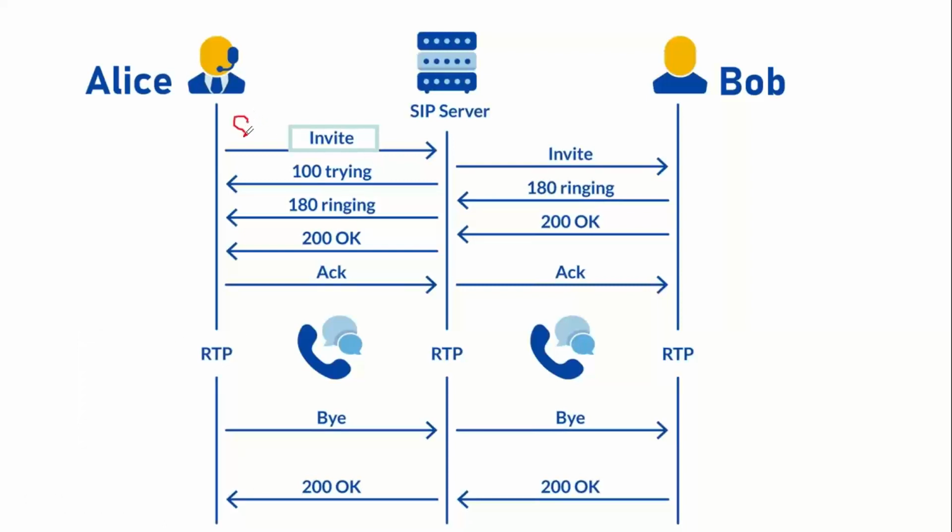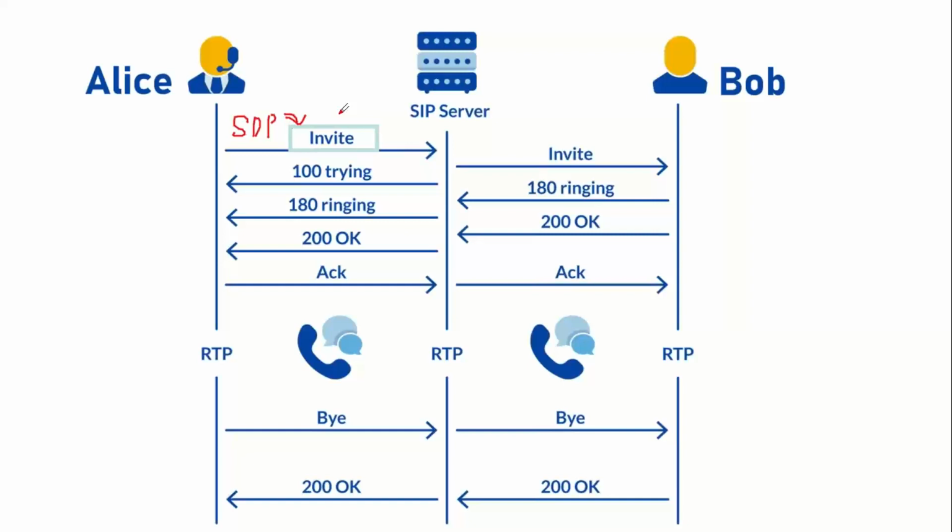SDP is short for Session Description Protocol. In SDP, you will carry information about the codec, the IP address, and the port number. All these things are used to negotiate where the RTP streams are going to be sent and received. So just remember SDP in the first INVITE.